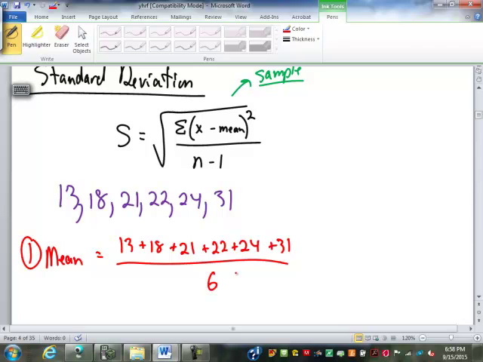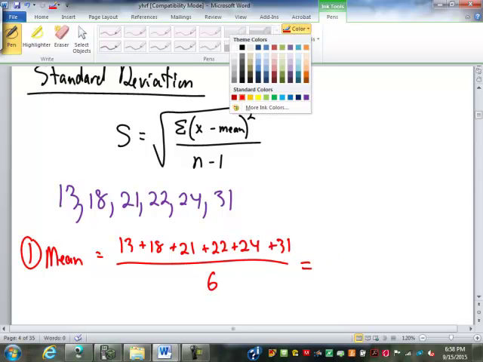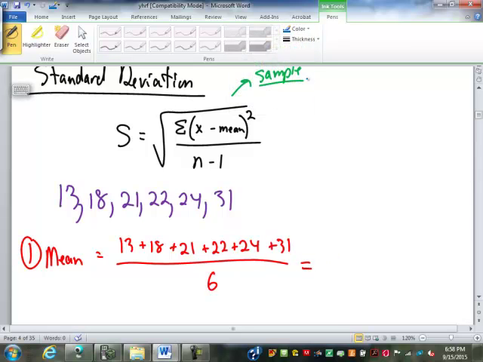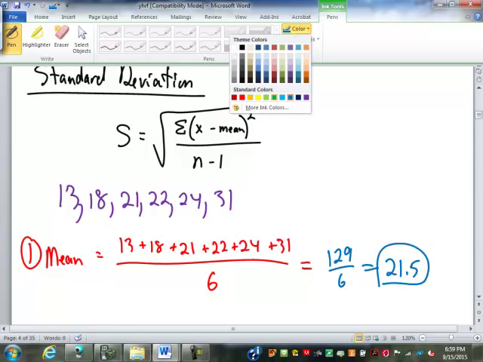Of course, there's 6 of them, so we're dividing by 6. 129 divided by 6, 21.5. Is that what you come up with for a mean? Somebody double check me. I don't trust myself at this point of the night. Good? Okay. So that's the first step.